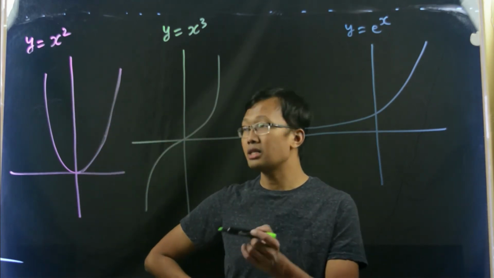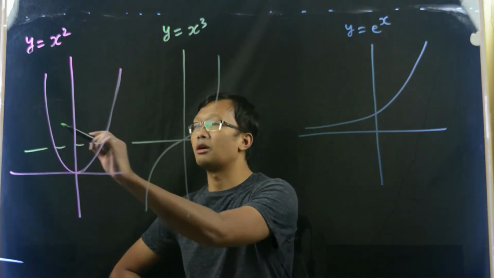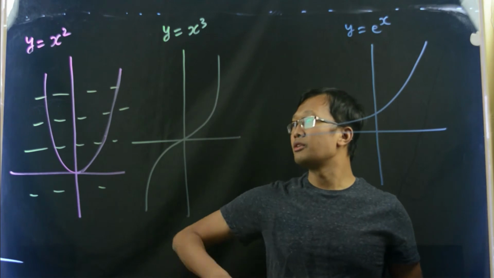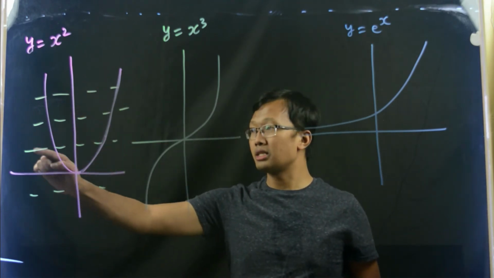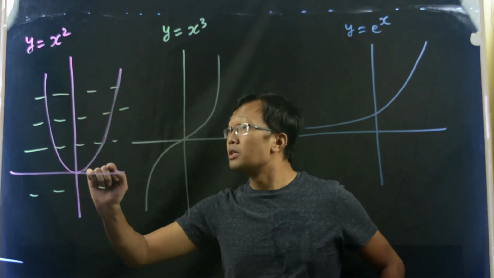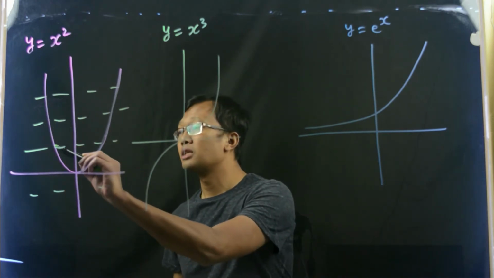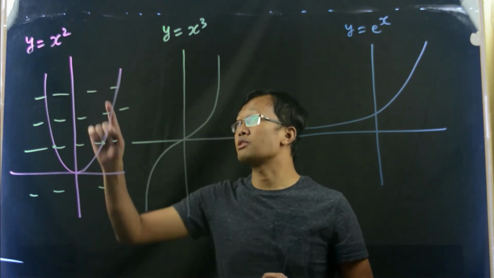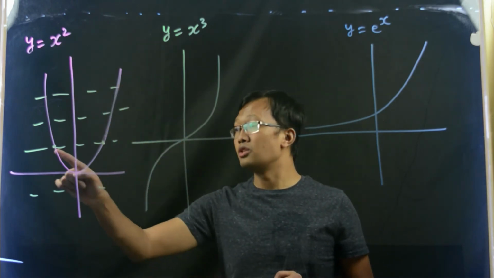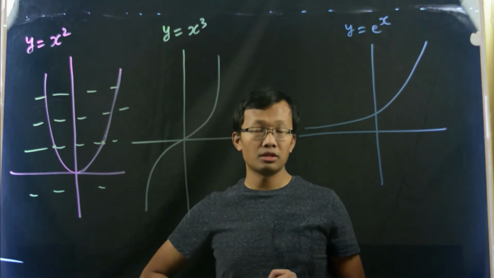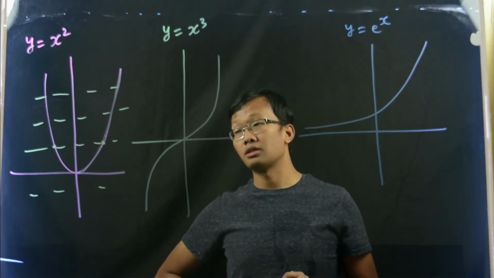Here let's draw several horizontal lines. You can see we have drawn several horizontal lines in this dashed manner. You can see that these lines intersect the graph of y = x², the quadratic function, in two places, in two points. So that's not a one-to-one function.